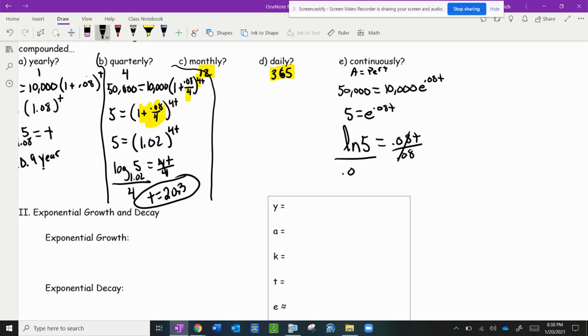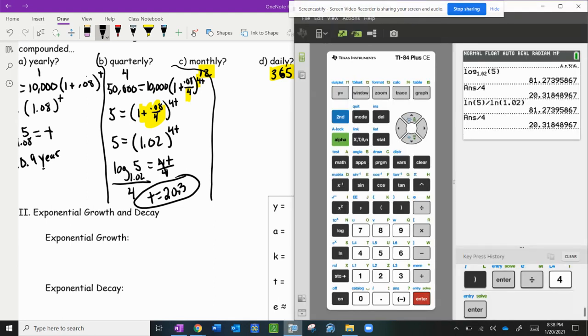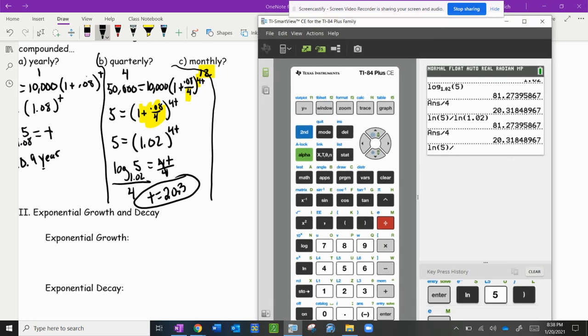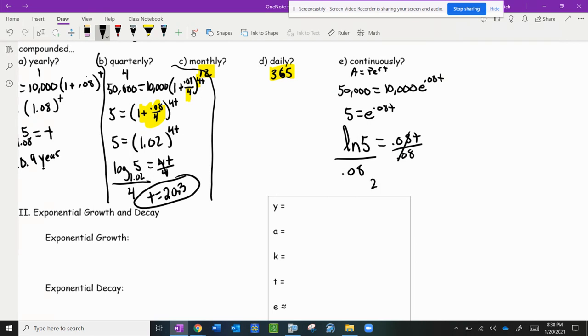And this one, there's really no workaround because it's already in your calculator. So I have ln of 5 divided by 0.08, hit enter, and I get 20.11 years.